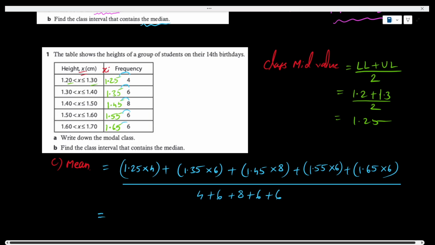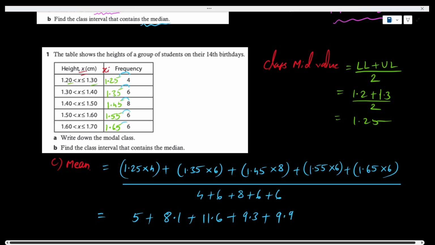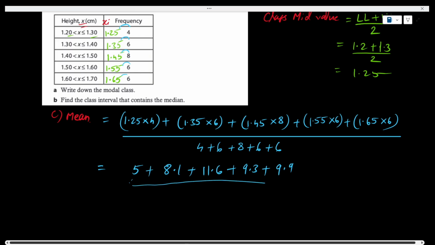Now you have to do the calculation. 1.55 into 6 is coming 9.3, plus 1.65 times 6, it's coming 9.9, and divided by 30, because there are 30 students altogether.